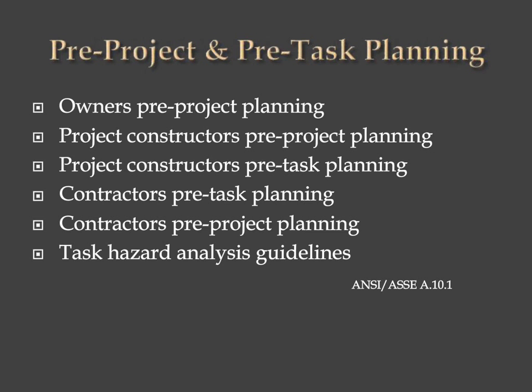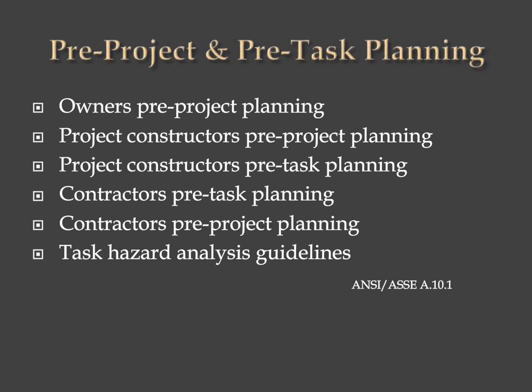Now, the way that's done right up front, and we'll get into this in a few minutes, is that the owner usually incorporates either into the documents or has the architects and engineers put forth what they call a site-specific safety plan, which means they take a look at all the different things that are going to be done, and they tell each one of the subcontractors who are going to bid on this job just exactly what they need to do, because that's part of what they're supposed to get for a contract.